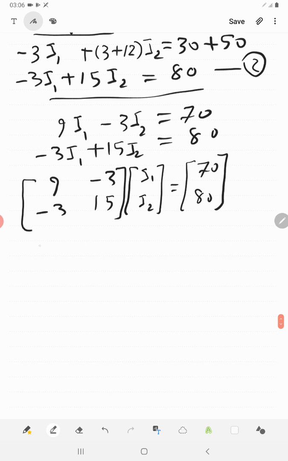We determine delta, which is the determinant of 9, minus 3, minus 3, and 15.